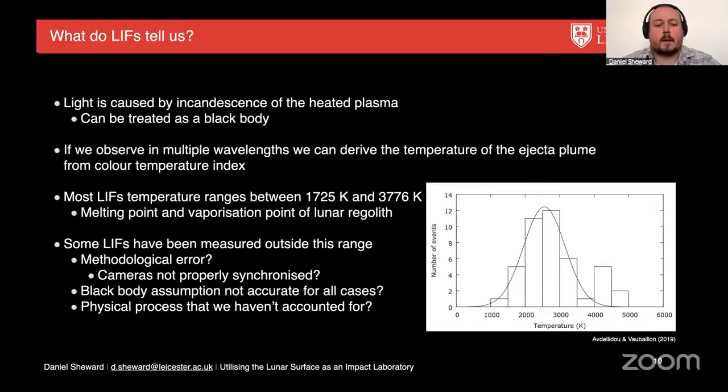And we found that most of the temperatures of these impact flashes are between 1725 Kelvin and 3776 Kelvin, which is nice because that is the melting point and vaporizing point of lunar regolith. So it makes sense that they should be between those temperatures.